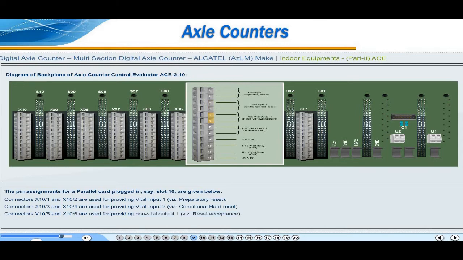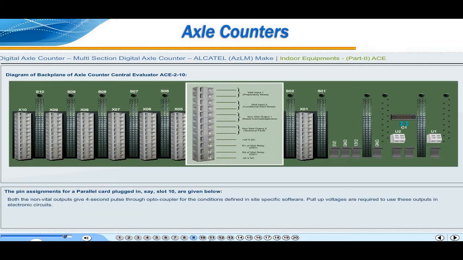Connectors X10/5 and X10/6 are used for providing non-vital output 1 for reset acceptance. Connectors X10/7 and X10/8 are used for providing non-vital output 2 for any technical defect.